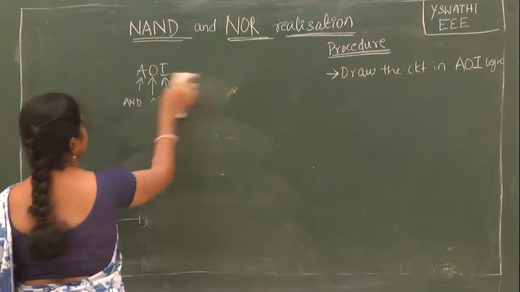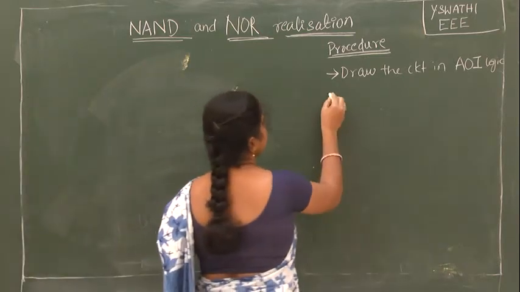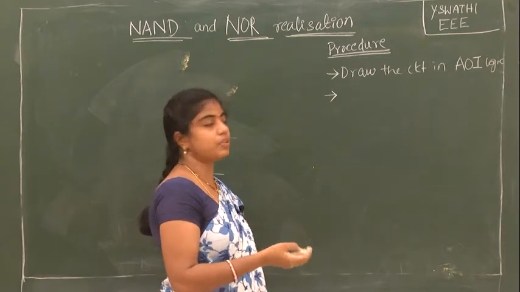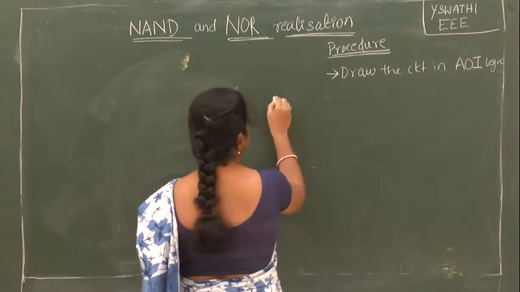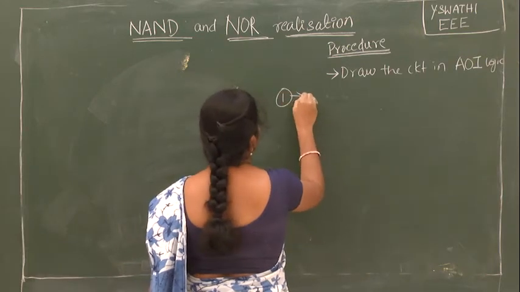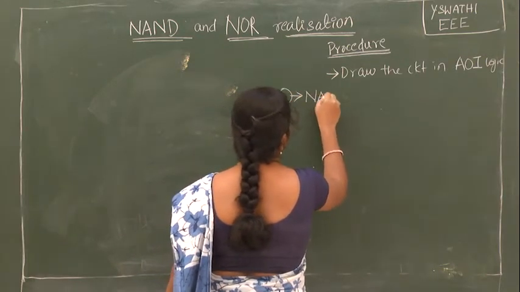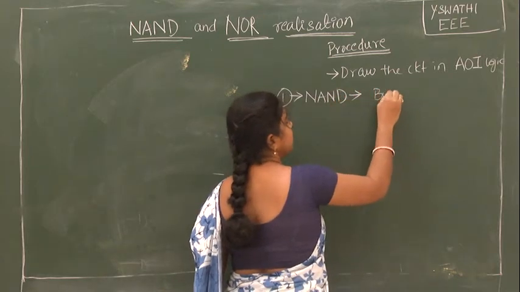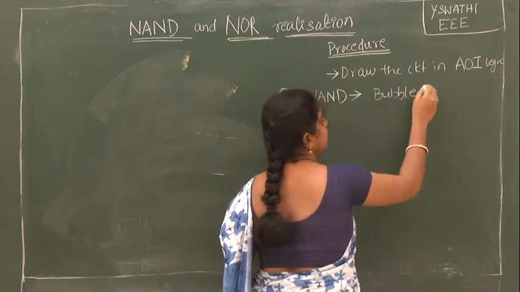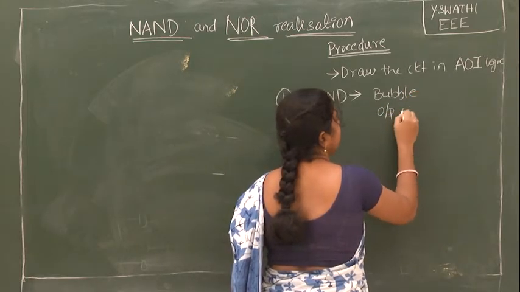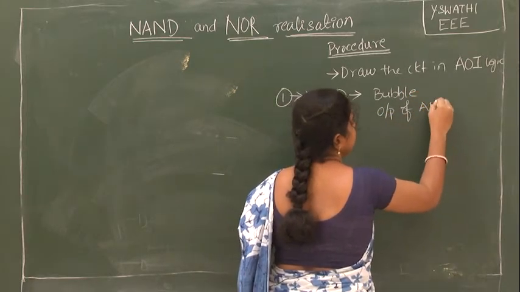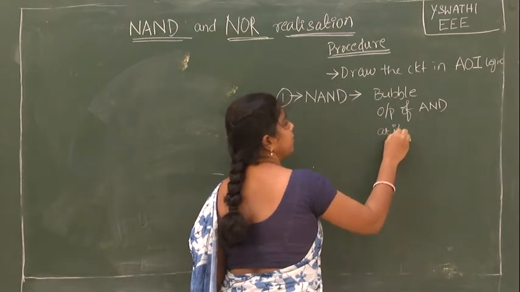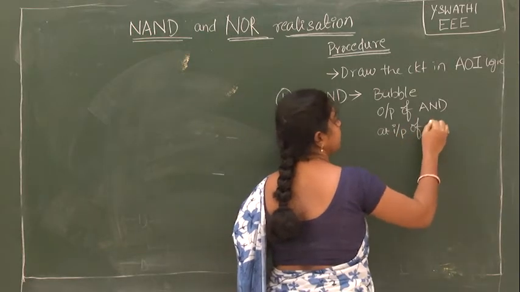And the next step, you have to bubble the inputs. There are two cases. In the first case, to implement the NAND gate realization, you have to bubble the output of AND gate and bubble the input of OR gate.